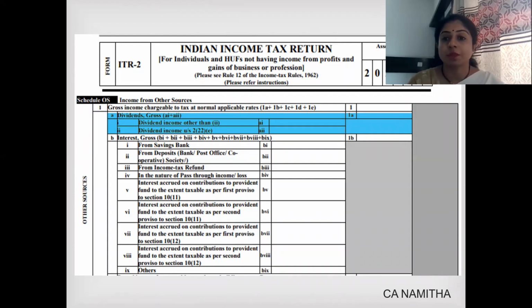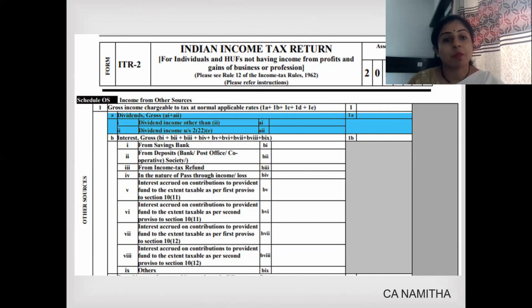Dividend under section 2(22)(e) is this: if any company gives any loan or advance to a shareholder who is a beneficial owner of 10% or more of the equity shares of the company, or to a concern in which the shareholder has substantial interest, then such loan or advance is deemed to be a dividend to the extent of accumulated profit.